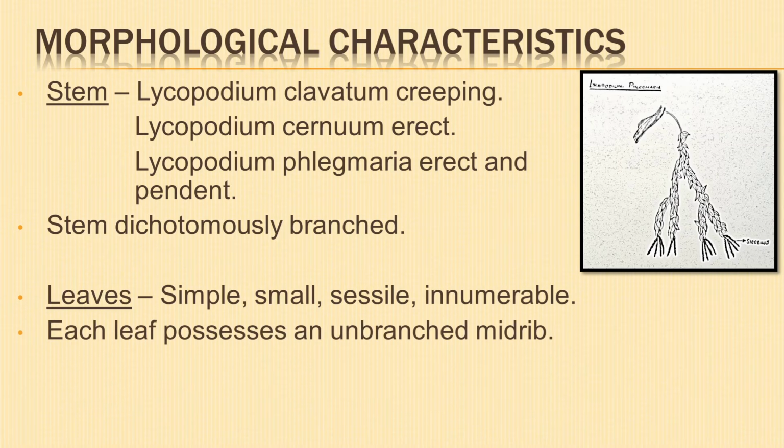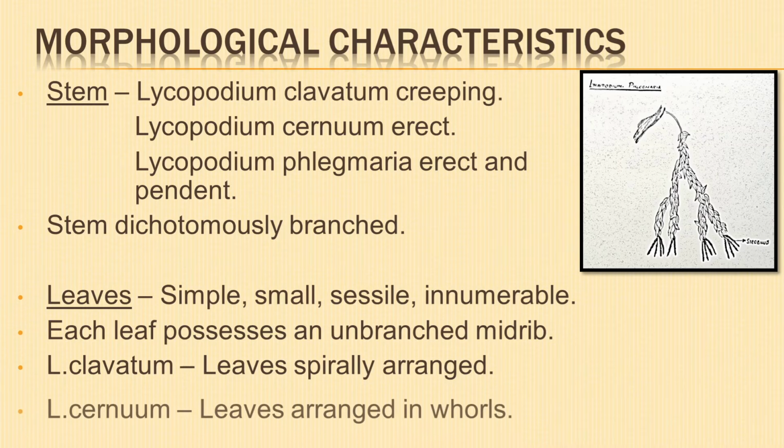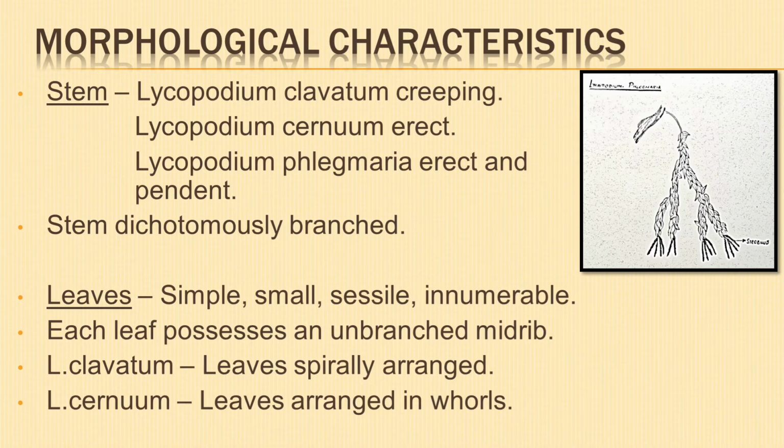Each leaf possesses an unbranched midrib. In Lycopodium clavatum, the leaves are found spirally arranged along the main axis of the stem. In Lycopodium cernuum, the leaves are arranged in whorls.